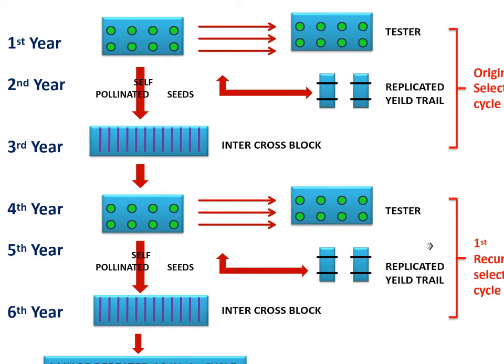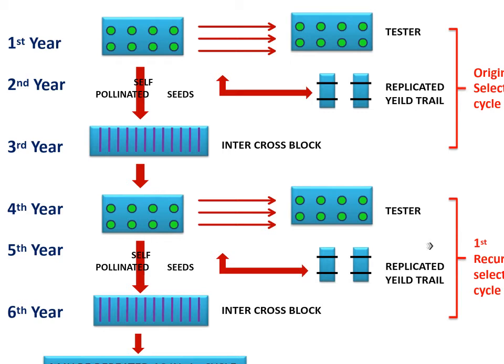Third year: selfed seed from a plant producing superior test cross progeny is planted in the crossing block. Fourth year: all possible intercrosses are made and equal seed from all intercrosses is composited, and the composited seed from the intercross is planted as above.